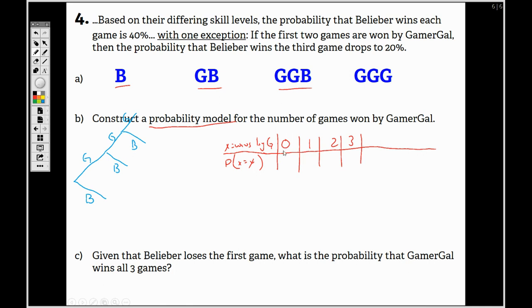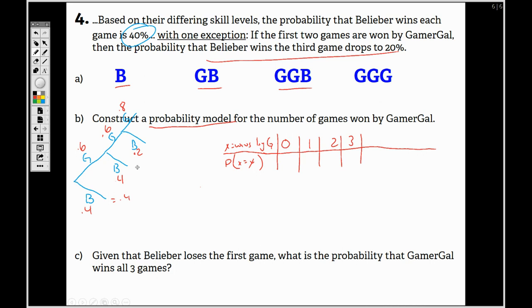So the only way to get 0 wins by Gamer Girl is for this outcome to happen, which, if we go back to the recap, is 40%. So this is 0.4, this is 0.6, this is 0.6, this is 0.4, but this drops, right? This was 0.2 if Belieber has lost 2 in a row, and this becomes 0.8. So we're going to multiply down the rows to figure out what our probabilities are. So this is just 0.4.